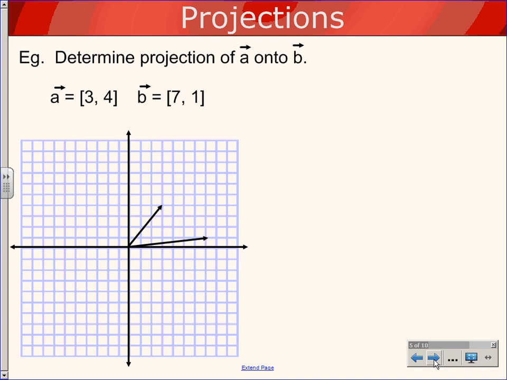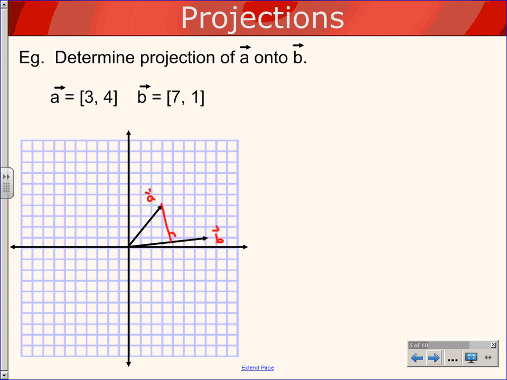So we're going to try and first just calculate it. We're actually using the same two vectors that we used a second ago. So vector A and vector B, still the 3, 4, and the 7, 1. That's just going to save us a little bit of time with some calculations. We can draw this. Here's vector A here. Here's vector B. And we're trying to get the projection of vector A onto vector B. So I need a line going straight down.